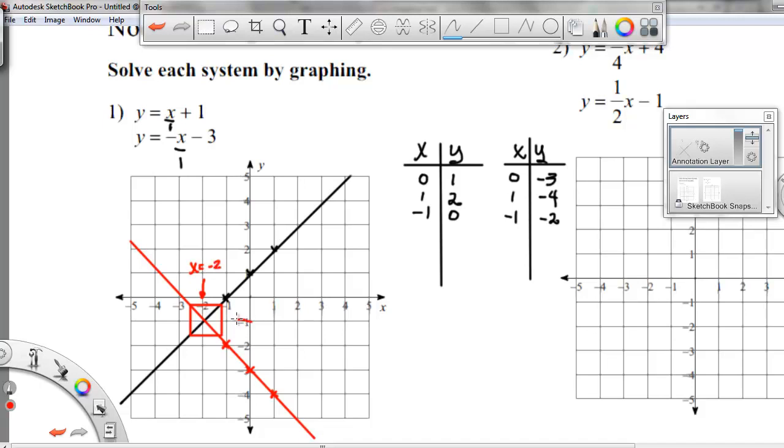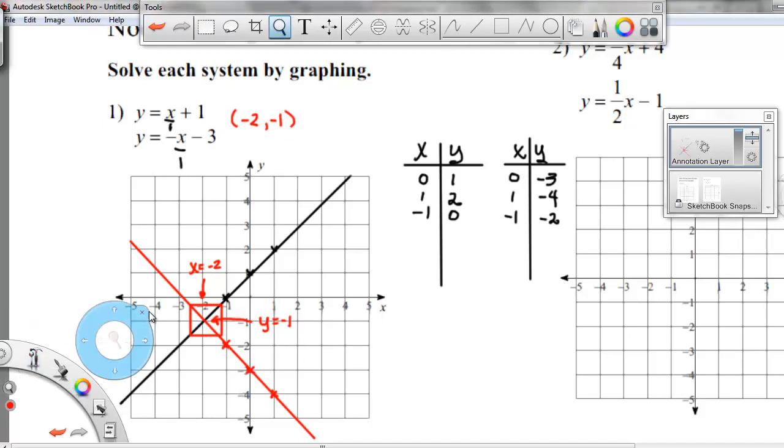And then the y value for this point is a negative 1. So y equals a negative 1. This means that the solution for problem number 1 is the ordered pair negative 2 and a negative 1.